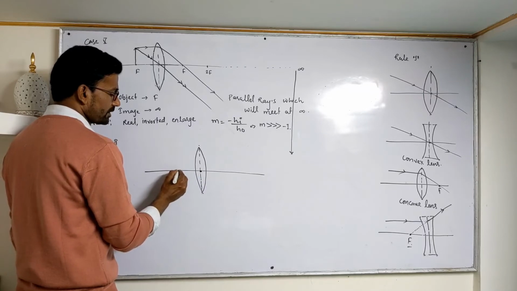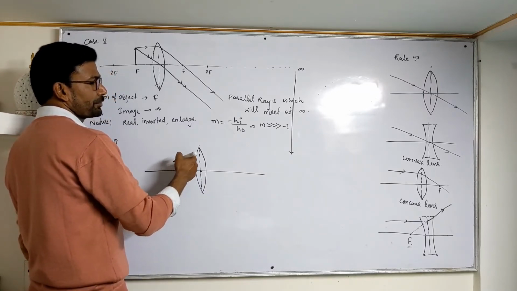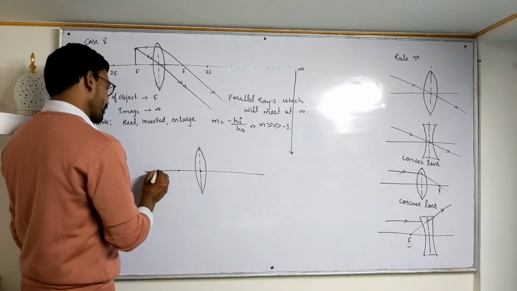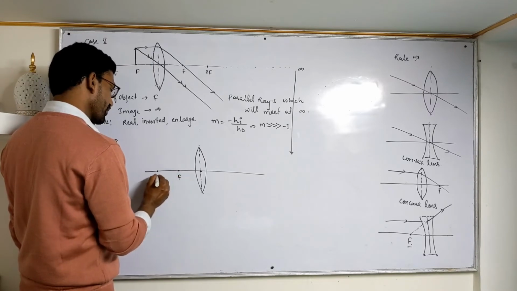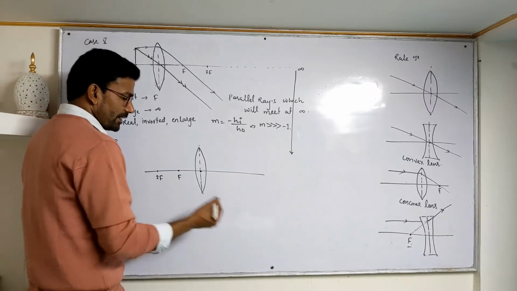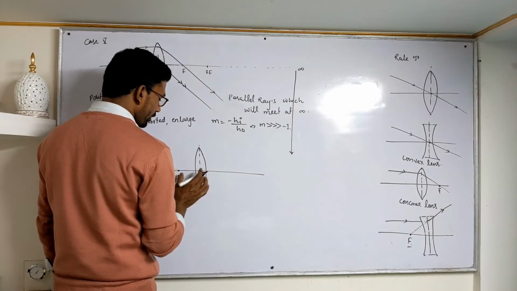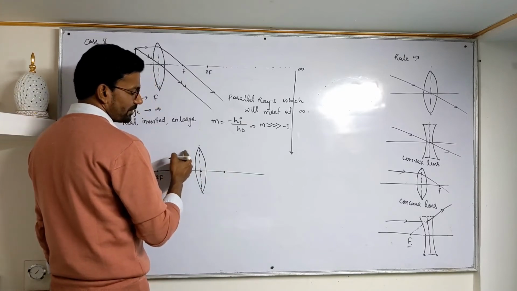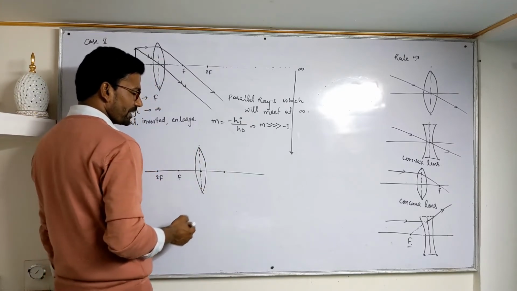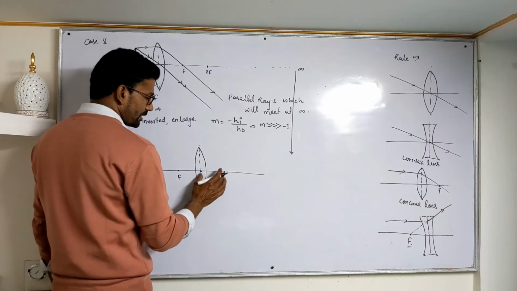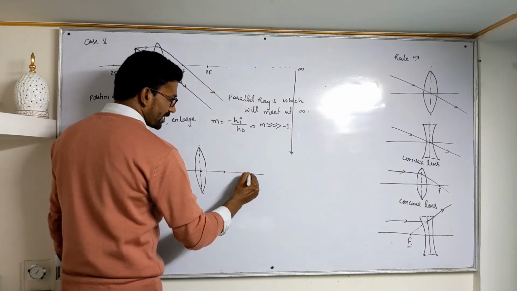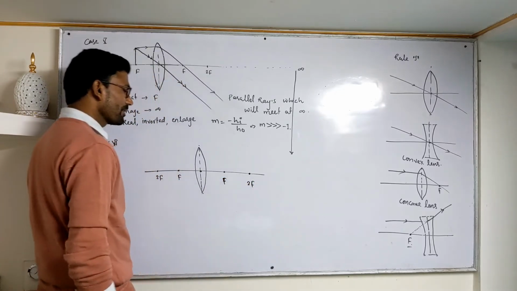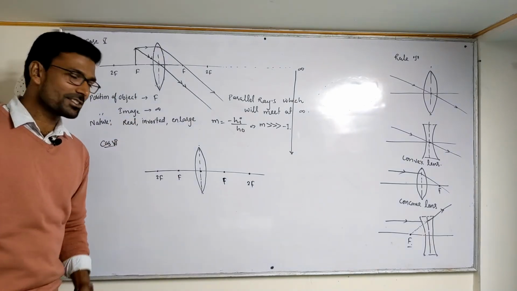If a ray of light is incident, after refraction it goes parallel, and at the same distance, this is 2f, this is f, and this is 2f. And here the first focus can be drawn at the same distance. If a ray of light is incident parallel, after refraction it goes through the point that is called the first focus, and take the same distance further, it is 2f. This is f and this is 2f. What we have just discussed in all the 5 cases.